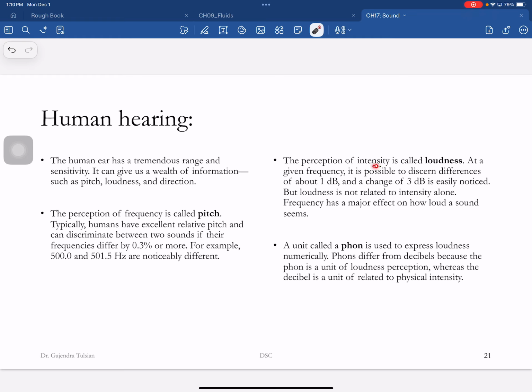The perception of intensity is called loudness. At a given frequency, it's possible to discern between 1 dB and 3 dB. So if the sound intensity increases by 2 decibels, you can perceive the loudness difference.